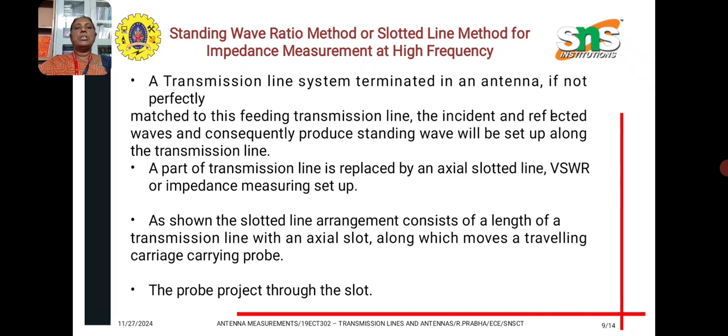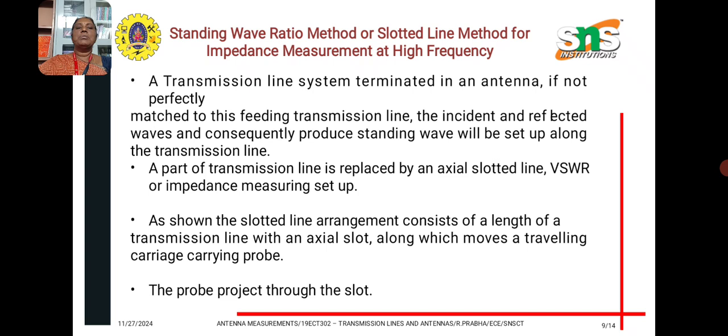And a transmission line system terminated in an antenna, if not perfectly matched to the feeding transmission line, then we know the incident and reflected waves consequently produce a standing wave pattern which will be set up along the transmission line. So a part of the transmission line is replaced by a coaxial slotted line, the VSWR or impedance measuring setup.